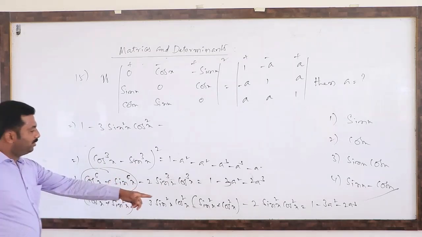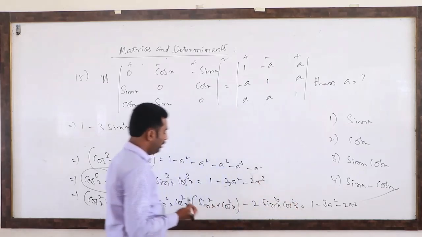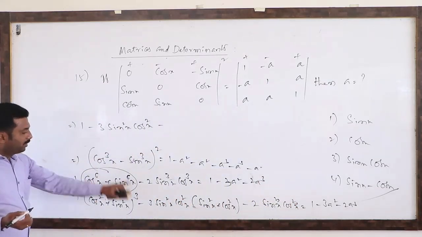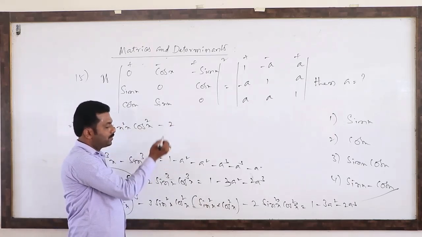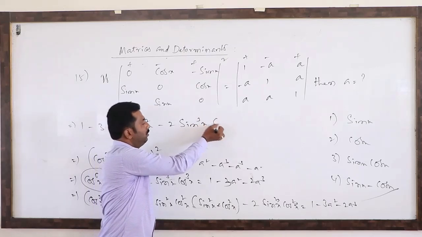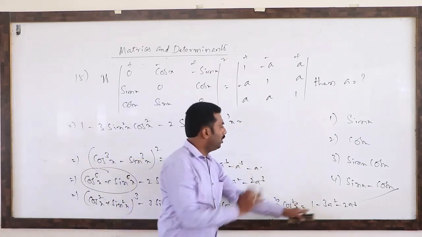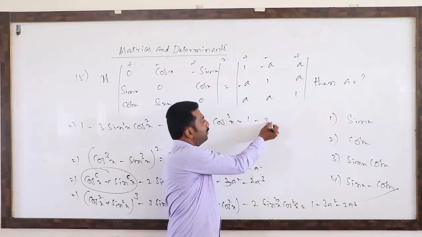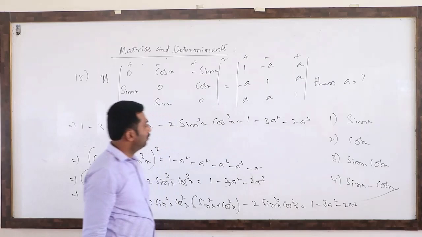So a plus b, how much did we get? This is sin cube x cos cube x, right? Minus 3 sin square x cos square x minus 2 sin cube x into cos cube x equal to, finally what we left here, 1 minus 3a square minus 2a cube.